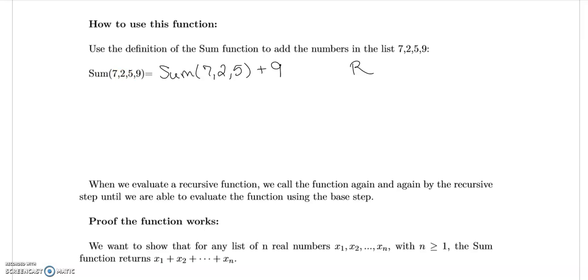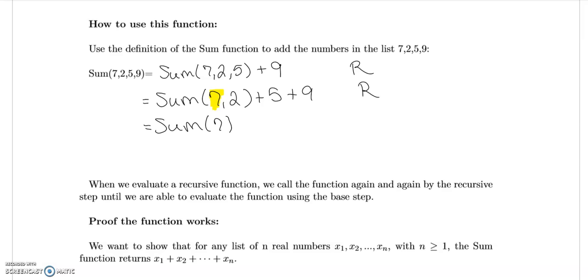If we do it again, we have a list now inside that sum function: 7, 2, 5. So we take the smaller list, everything but the last term, and it stays in a sum function. We have plus 5 at the end, and the plus 9 still tags along. Now we have a list 7, 2, so our recursive definition says take everything but that last term and keep it in a sum function.